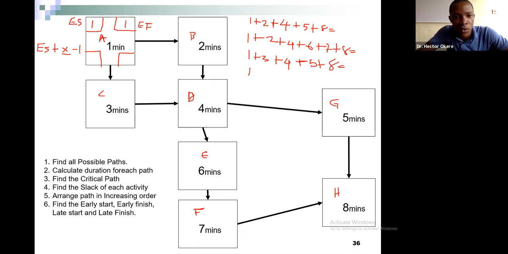We also have 1 plus 3 plus 4 plus 6 plus 7 plus 8.